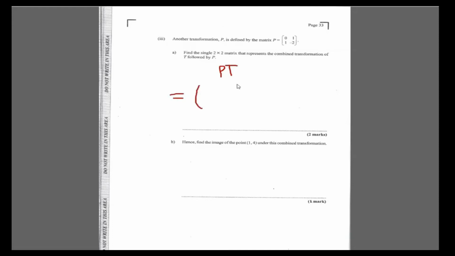That's T followed by P. So the matrix PT is [0 1; 1 -2] times T, and T was going back to what? [2 -1; 2 0].